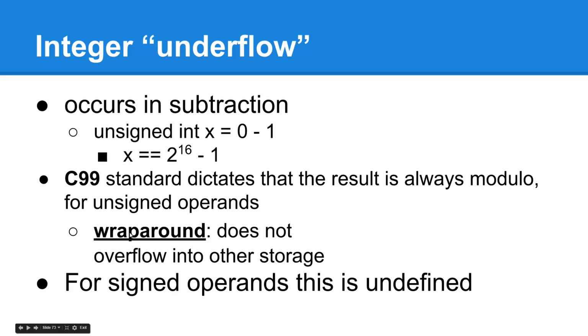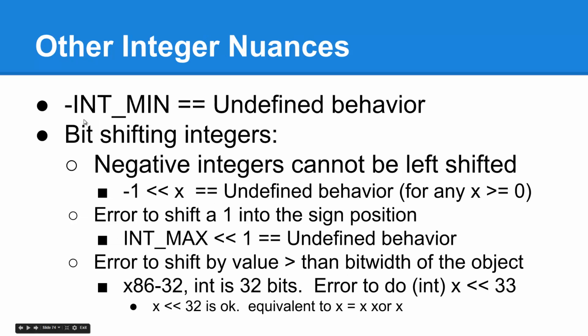And for signed operands, this is undefined. It's kind of a more interesting case. What happens if you wrap around the maximum negative value like this? It's supposed to be undefined behavior, but it may actually be implemented in some compilers.